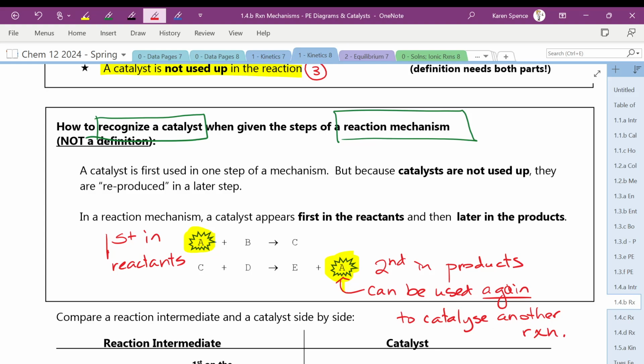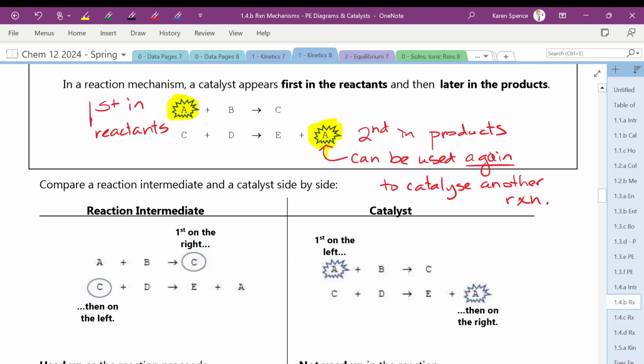Spectator ions would all be like in one line. Like it wouldn't be in 2 different steps. So if you had a catalyst, it wouldn't appear in the same line. It would be like this one, and then it would come out in a later one. Okay? Good question.